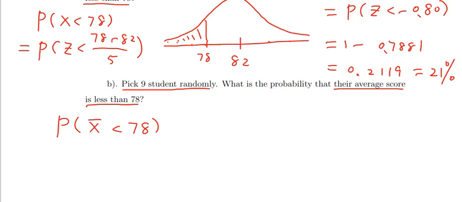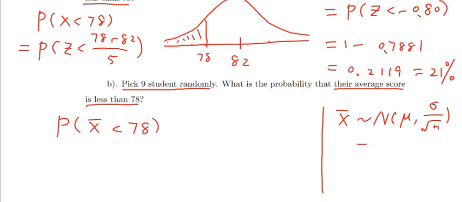First we need to find the distribution for x bar. By the sampling distribution, x bar follows this normal. We plug in mu is 82 and sigma is 5, and n equals 9, so the square root of 9 is 3.